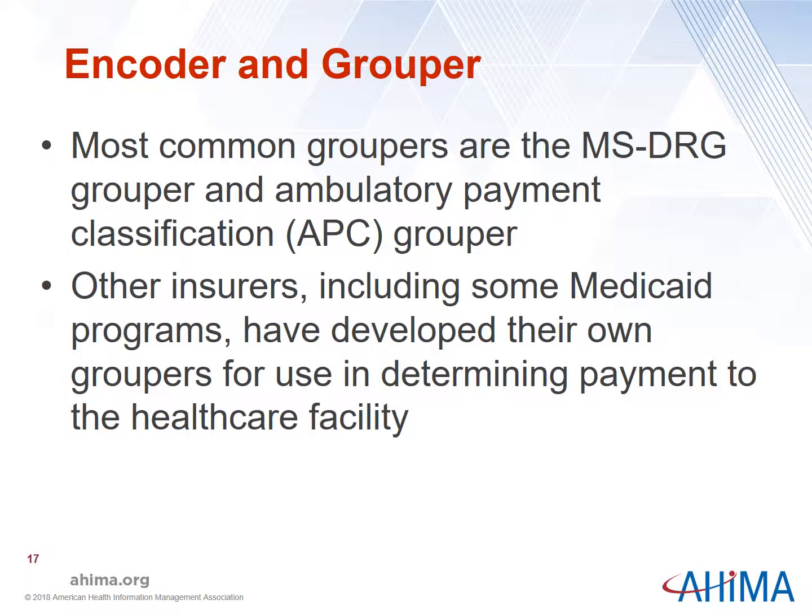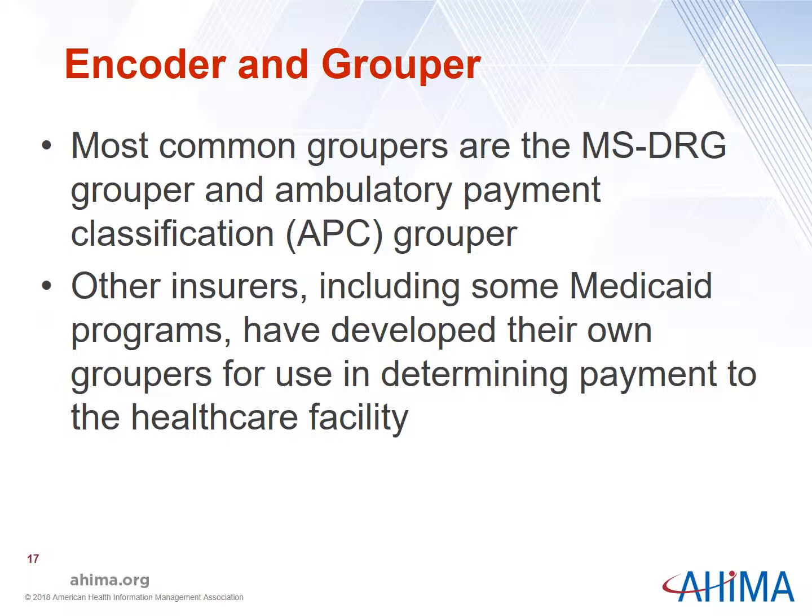The grouper is a computer program that uses specific data elements to assign the diagnostic and procedural codes entered into the encoder into the appropriate Medicare severity diagnosis related group, also called the MSDRG. The grouper uses the appropriate grouping software for the insurer assigned to the patient.